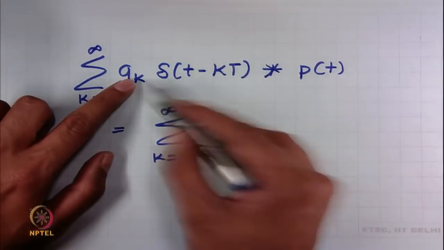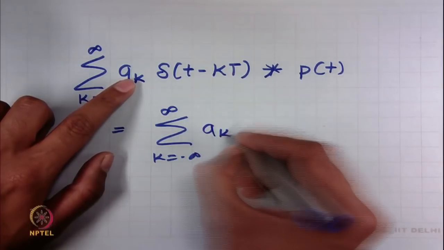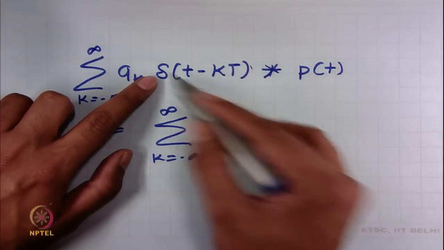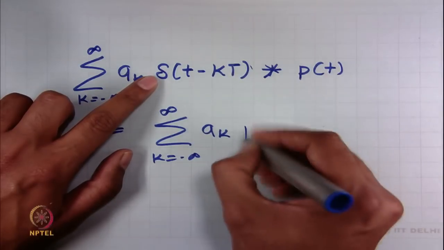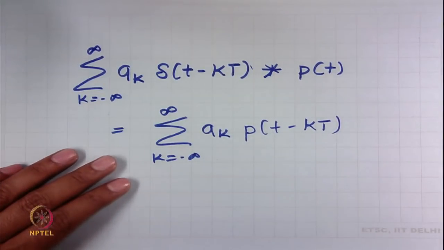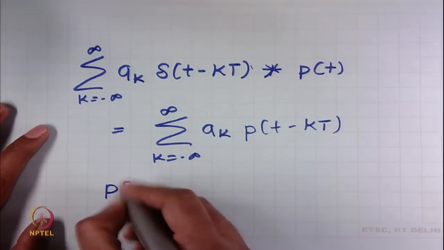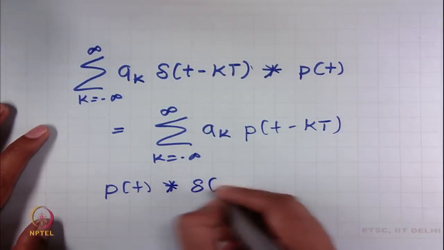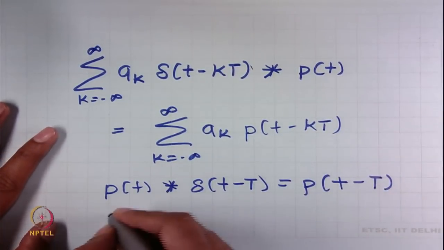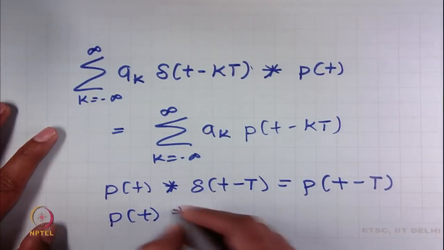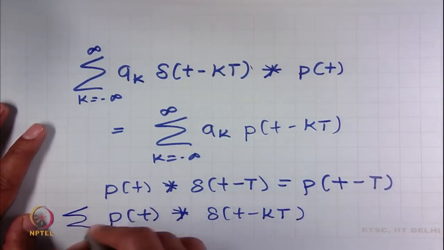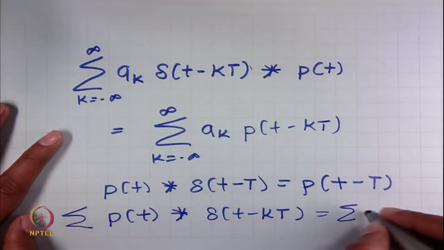A_k is not a function of time, so it is constant. The net effect is that you are convolving this p(t) with these weighted impulses, and what you get is nothing but a weighted pulse train. You must know that if you convolve a signal with an impulse, you simply get p(t minus T), and similarly if you convolve this with a train of impulses, what you get is nothing but a train of pulses.